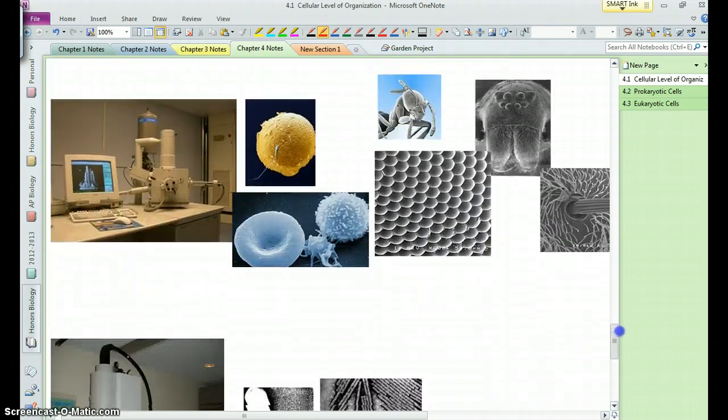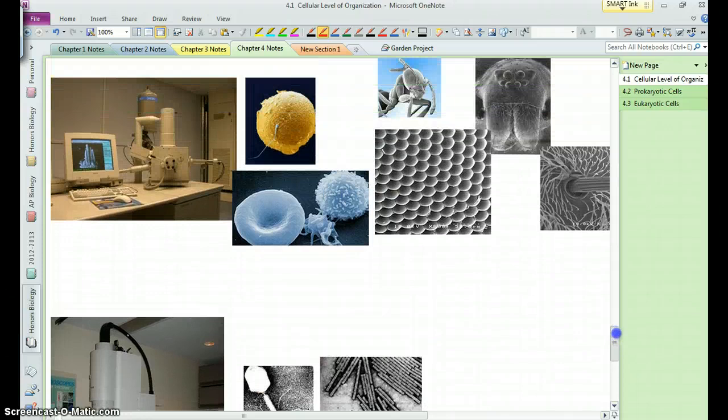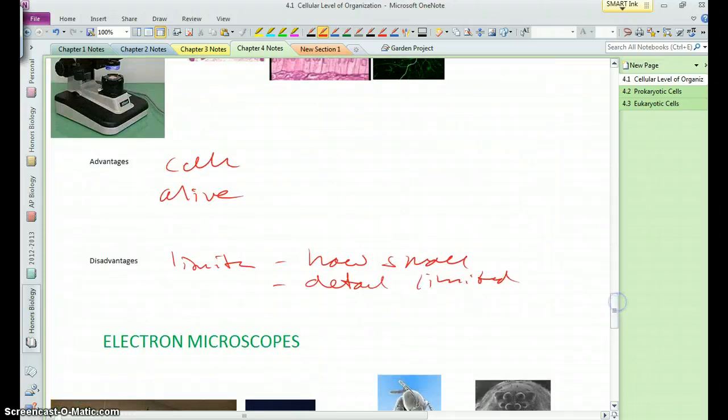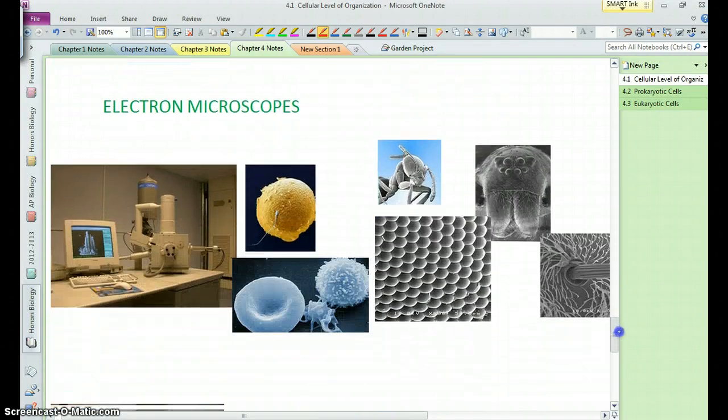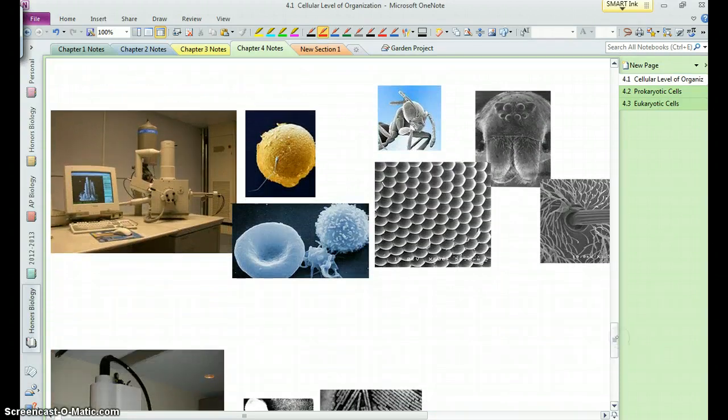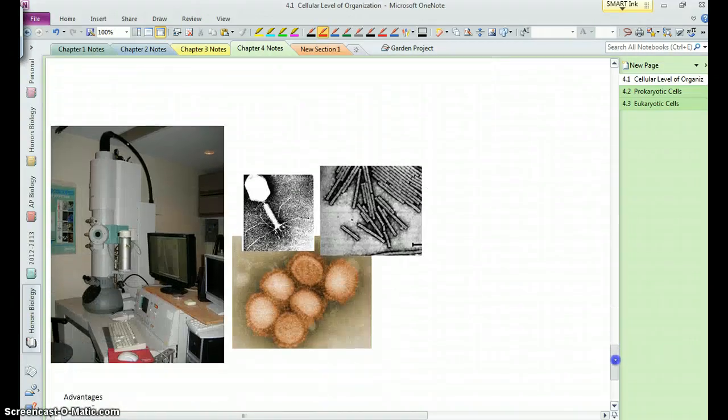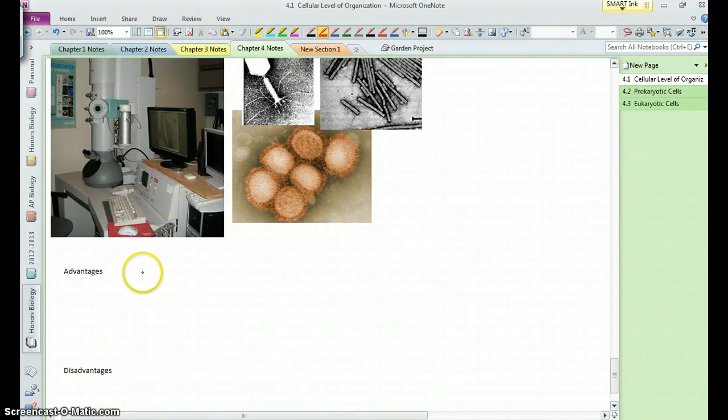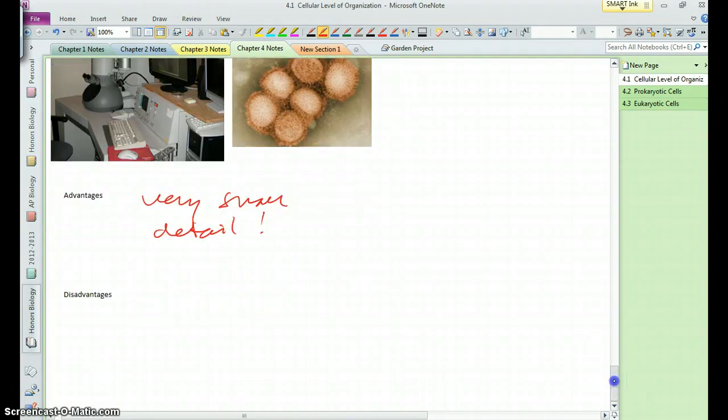Now with electron microscopes, and light microscopes are relatively cheap. Electron microscopes allow us to see really small stuff with significant detail. Disadvantages: expensive.